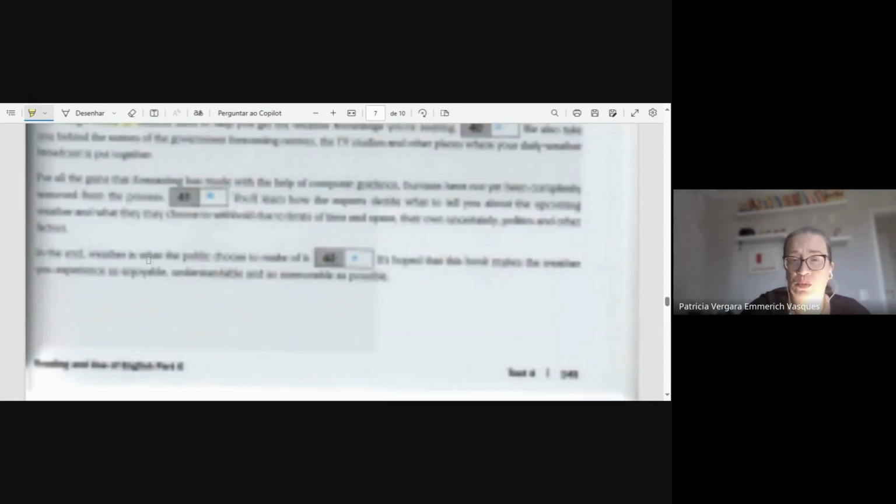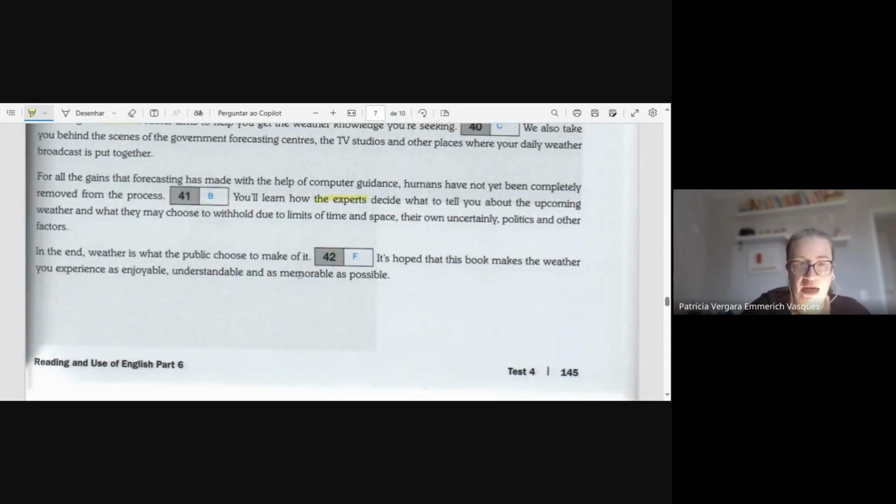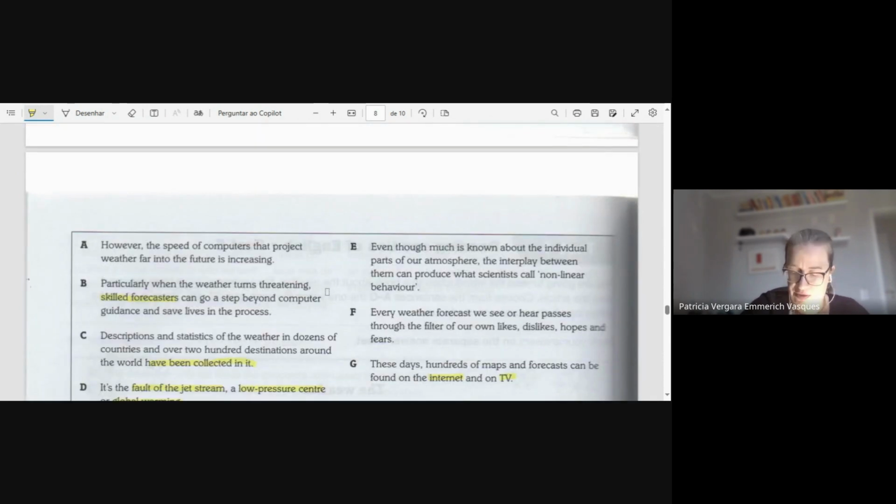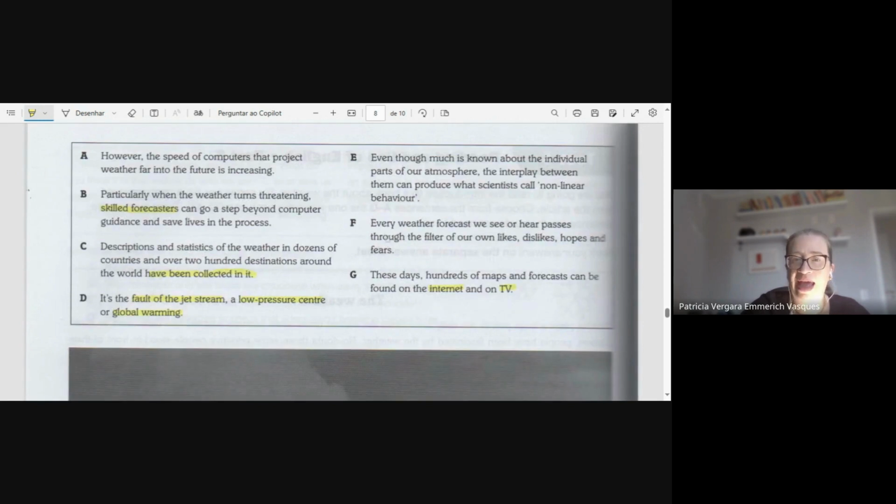And the last one, which is F, they say, in the end, weather is what the public choose to make of it. Then you have letter F. Every weather forecast we see or hear passes through the filter of our own likes, dislikes, hopes, and fears. So that's what they say, okay?